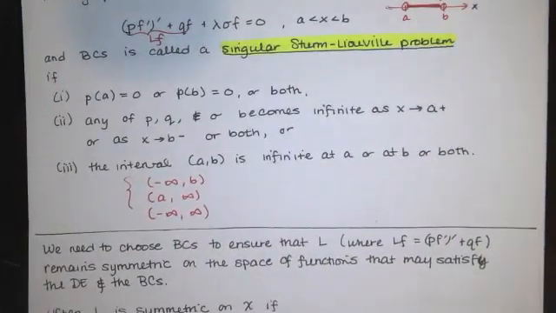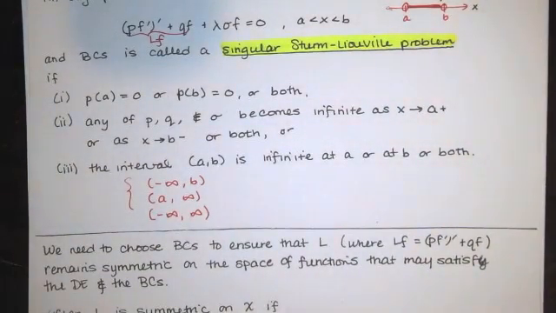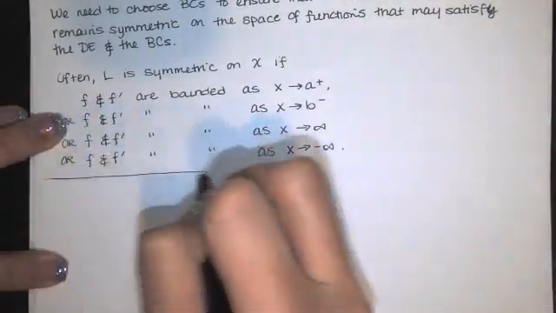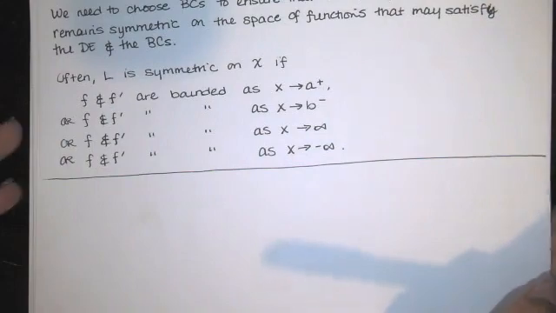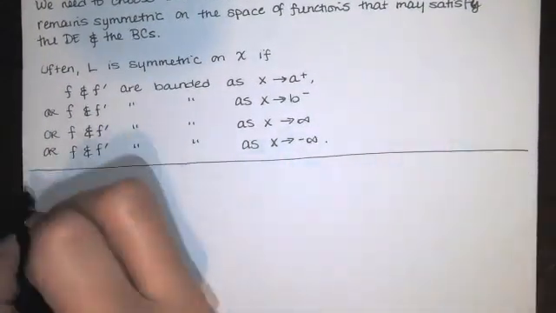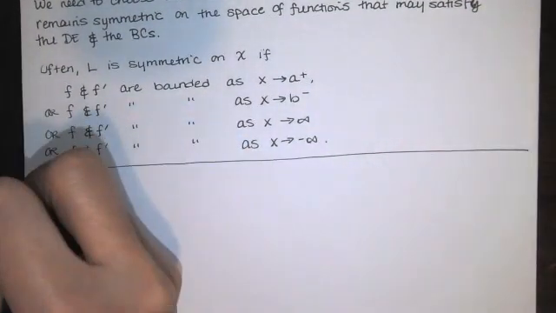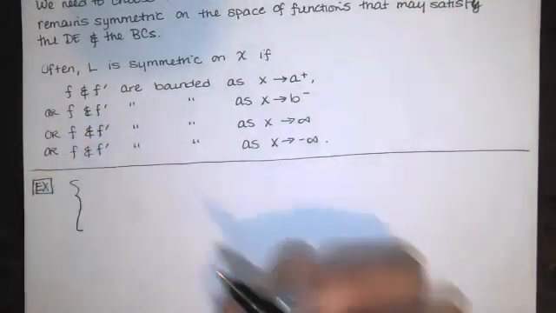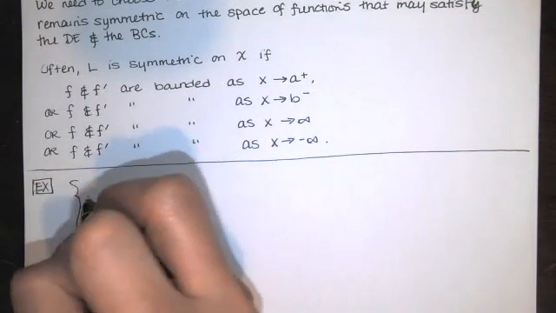So let's look at an example. We're not actually going to solve this example, but we are going to show that the operator in the example is symmetric on the space of functions defined or implied by the boundary conditions. So here's a singular Sturm-Liouville problem.